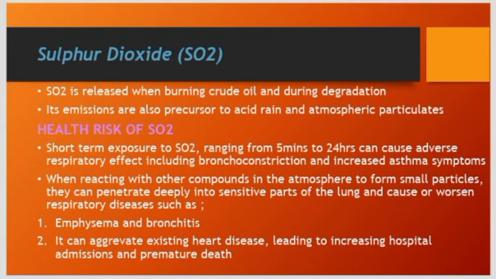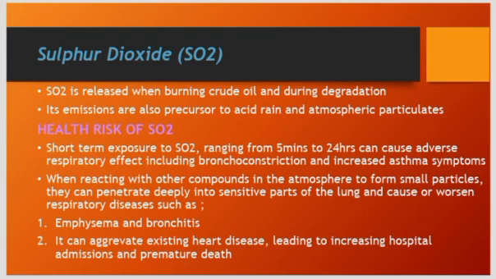Bronchoconstriction is a situation whereby the bronchus of the lungs, which carry air to and fro the lungs, become constricted, leading to difficulty in breathing, just like asthma. When reacting with other compounds in the atmosphere to form small particles, they can penetrate deeply into sensitive parts of the lungs and cause or worsen respiratory diseases such as emphysema and bronchitis.